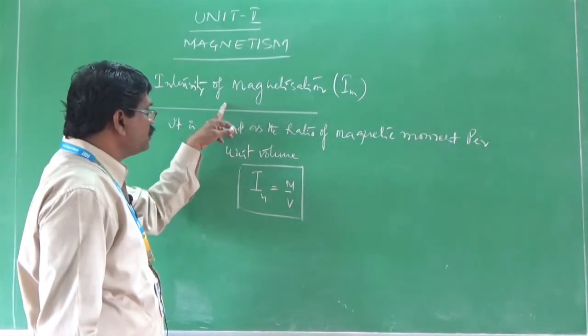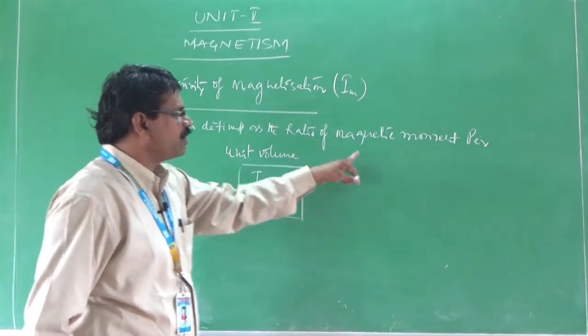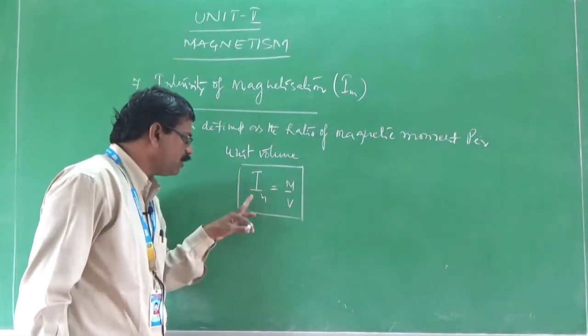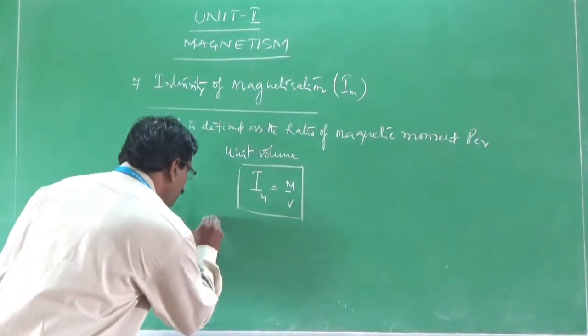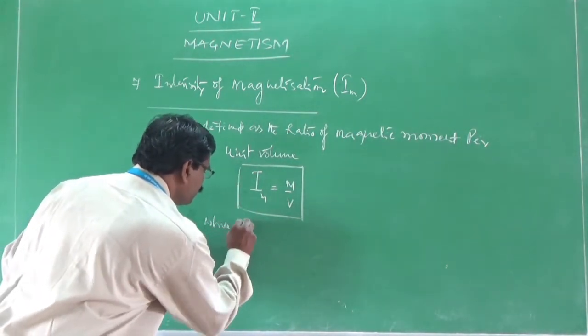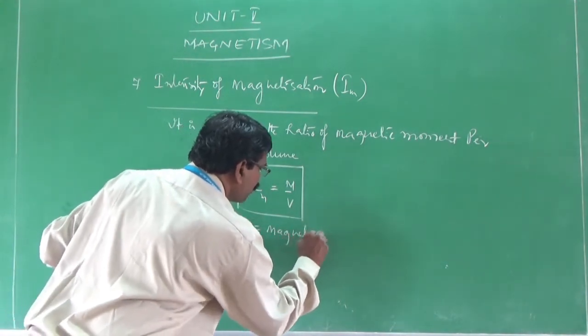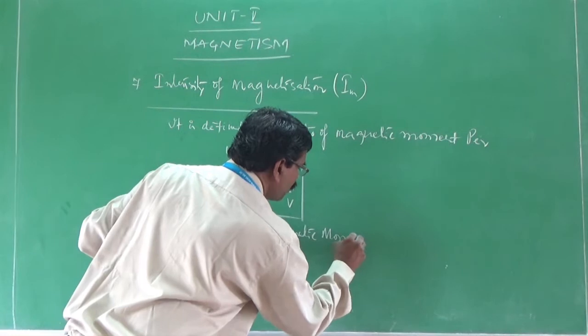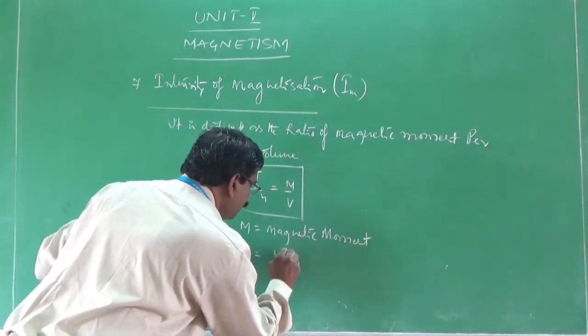If you look at this definition, the intensity of magnetization is defined as the ratio of magnetic moment per unit volume. Therefore, I suffix M is equal to M by V, where M is equal to magnetic moment and V is equal to volume of the magnet.